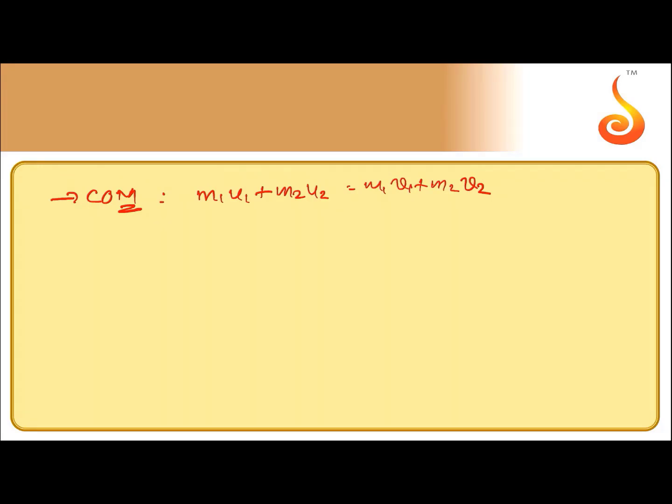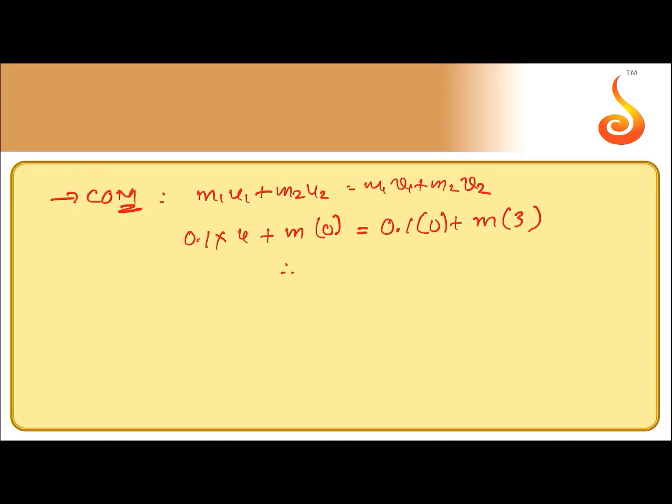So what are these things? What is the value of m1? m1 is 0.1. What is its initial velocity? Don't know, we have to find out. m2 is m, into 0. This is equal to, he says, it comes to rest momentarily, so I'll write 0.1 into 0 plus m into 3.